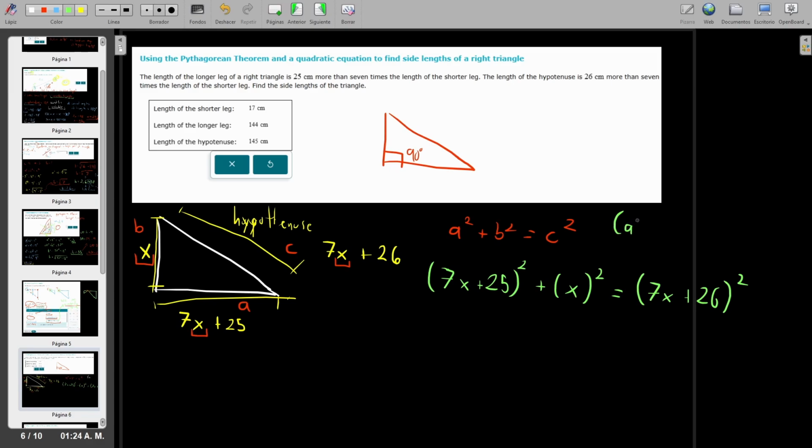Don't worry. It's going to be like this. I'm going to be writing this. Remember how to solve the square equations. (a plus b) squared is going to be a squared plus 2 times a times b plus b squared. This is how you solve this.